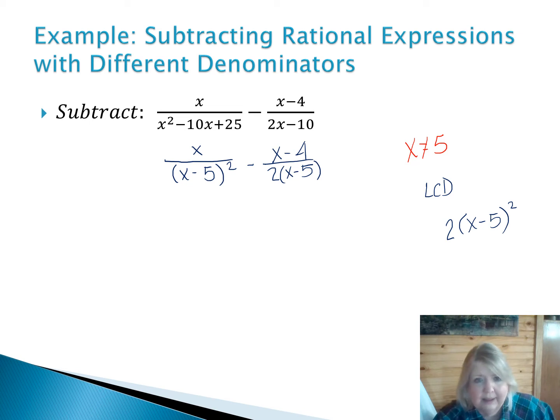So on the left, the only thing I need is the 2. To keep from changing its value, I'm going to multiply it by 1, but in the form of 2 over 2. On the right, it has the 2 and an x minus 5, but it's missing the second one.